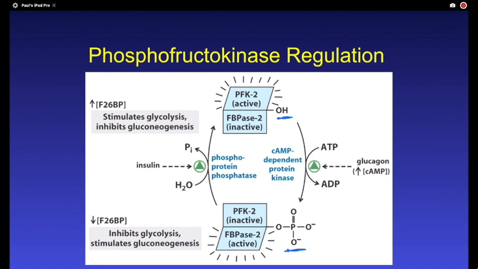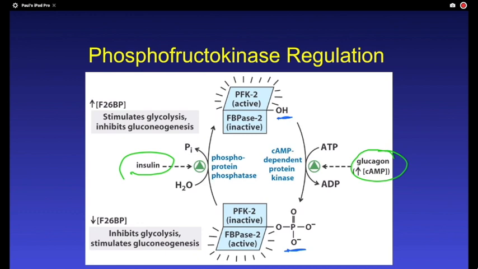Hormonal control. So these are the hormones: glucagon and insulin. Insulin, well-fed state. If I am well-fed, then I want to break down lots of these molecules to make lots of ATP so I can do synthesis.